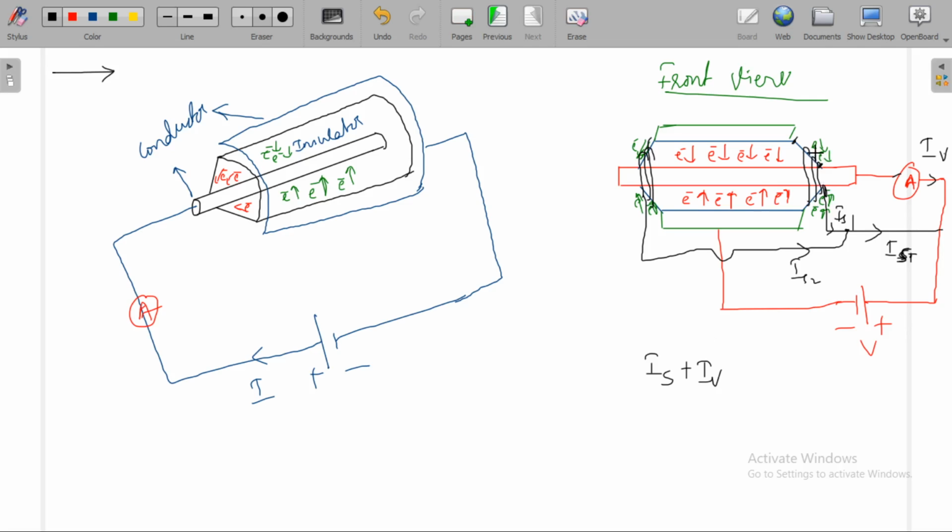That is, you are bypassing this surface current through this path. So the ammeter measures only IV. So R will be equal to V by IV. This is nothing but RV. This is called guard wire.